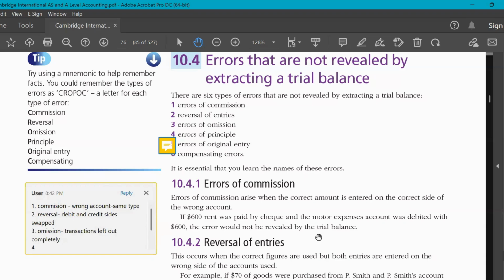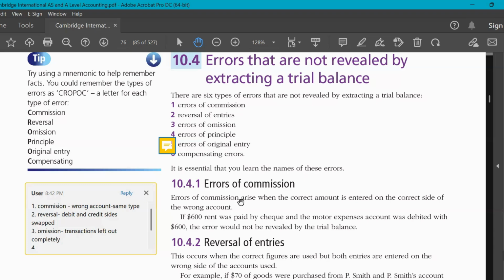So what does it mean? It means that for instance, the rent of 600 was paid, but instead of putting it on the rent account, someone put it on the motor expenses account. So that is the errors of commission. And why doesn't the trial balance catch it?